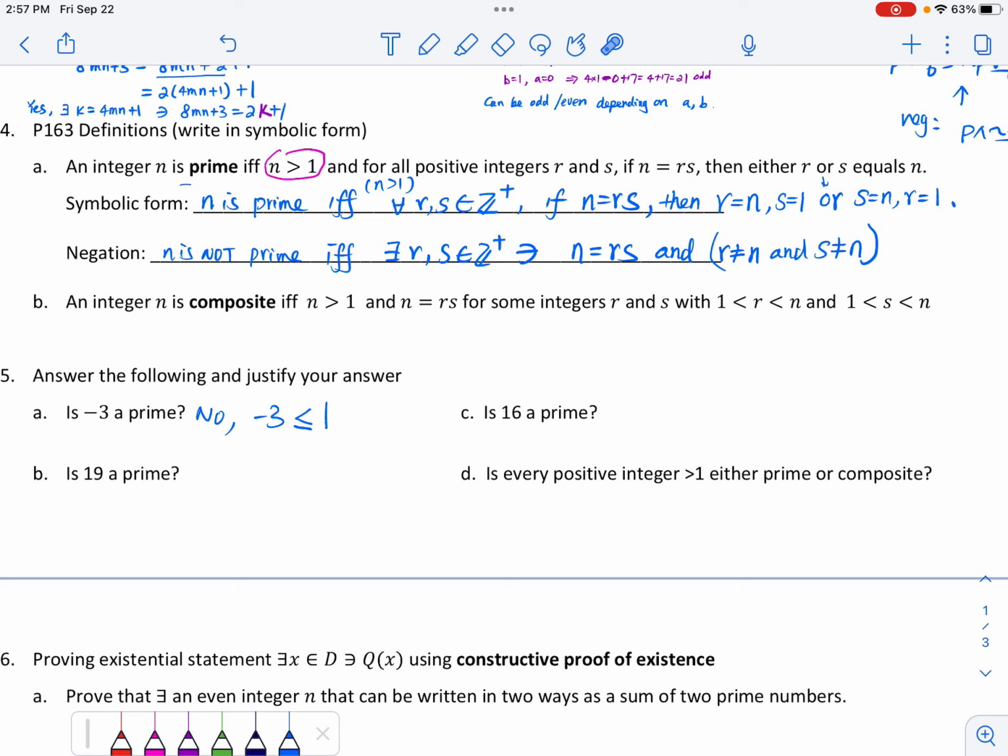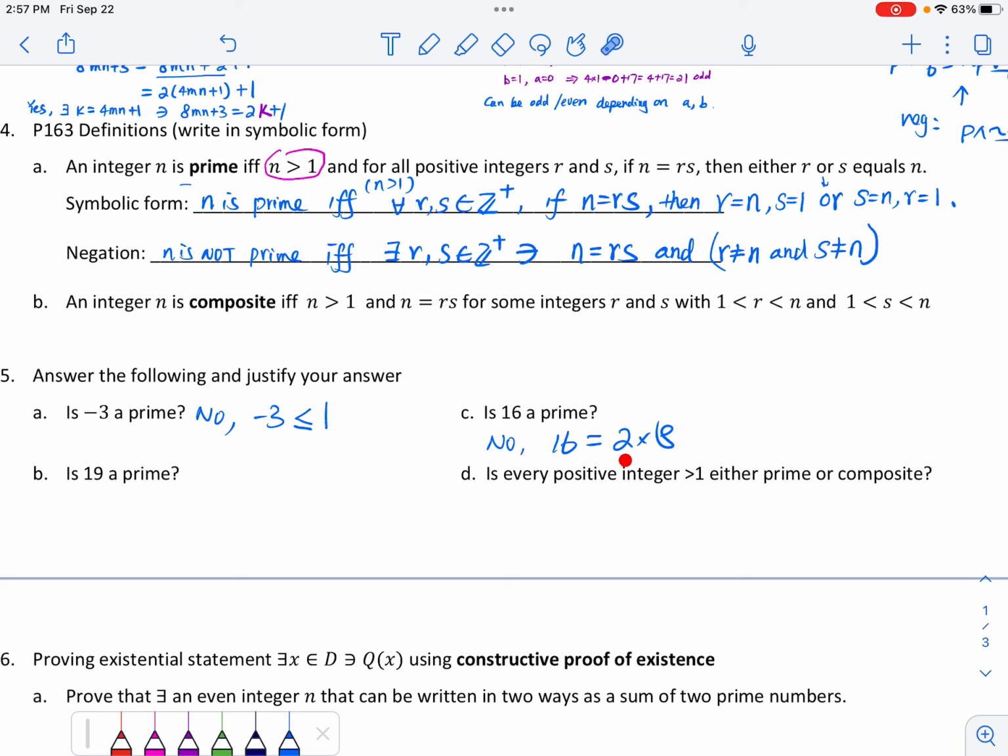Let's take a look at another one. Is 16 a prime? 16 is not a prime, because there exist r and s, not equal to n, definitely less than n. For 16 we can find, like, 2 times 8, right?